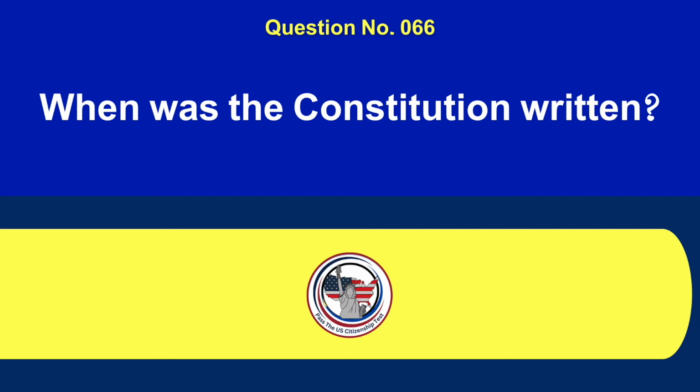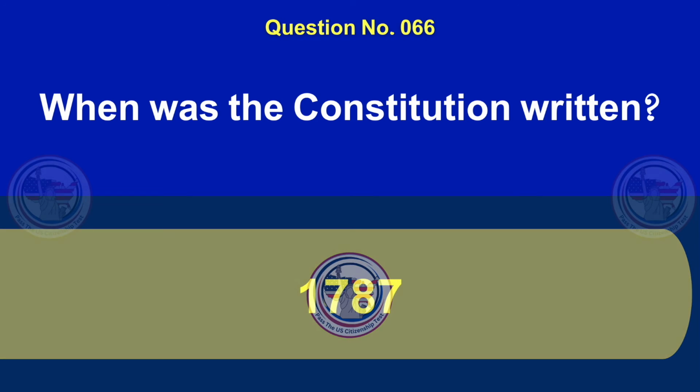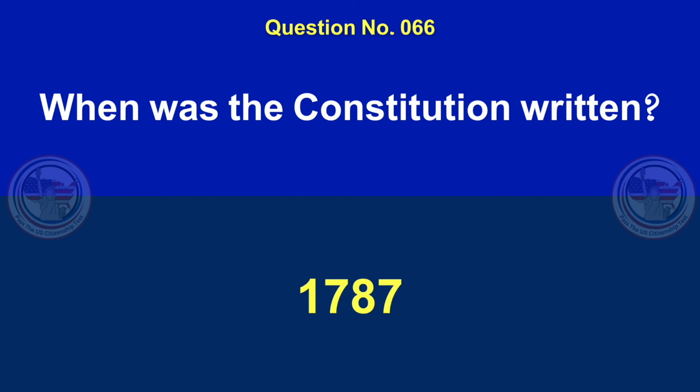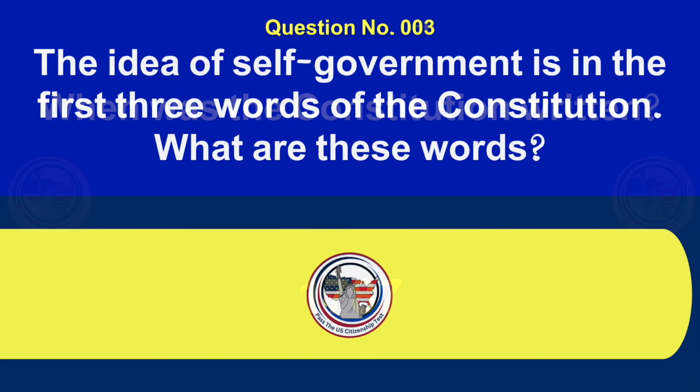When was the Constitution written? 1787. The idea of self-government is in the first 3 words of the Constitution. What are these words?